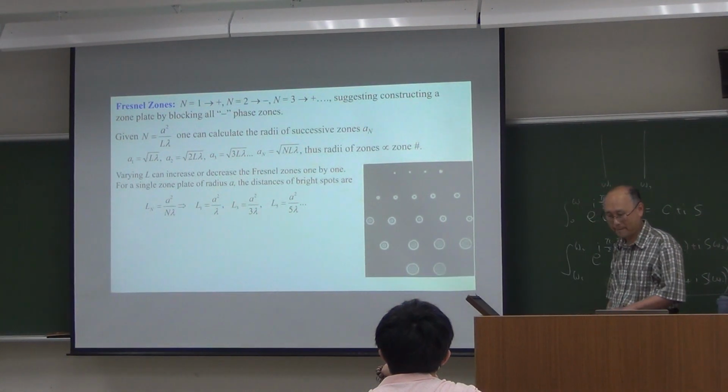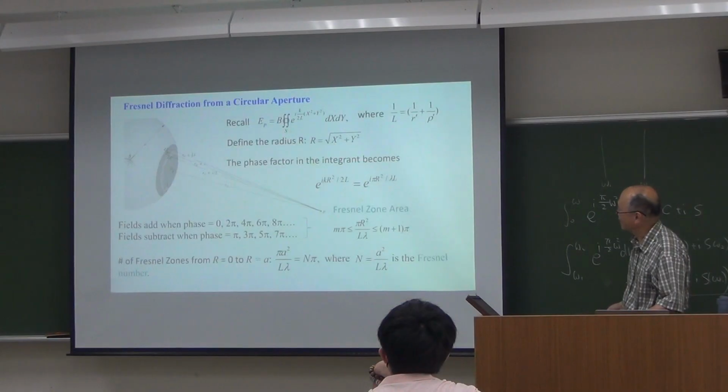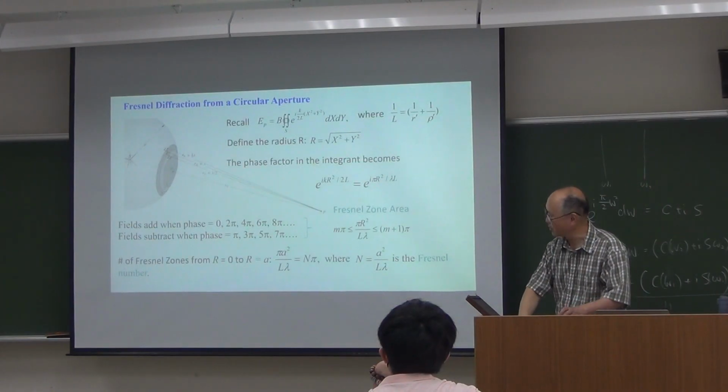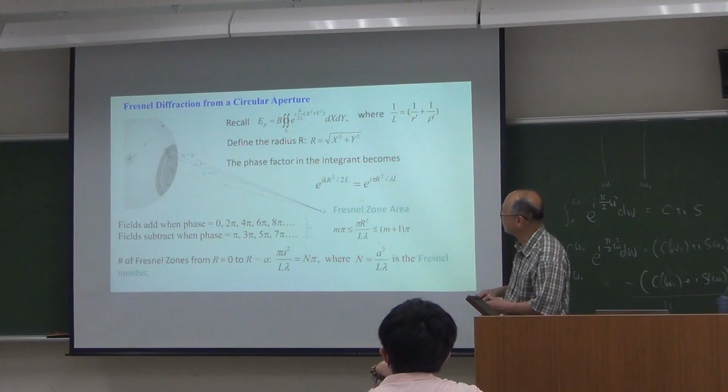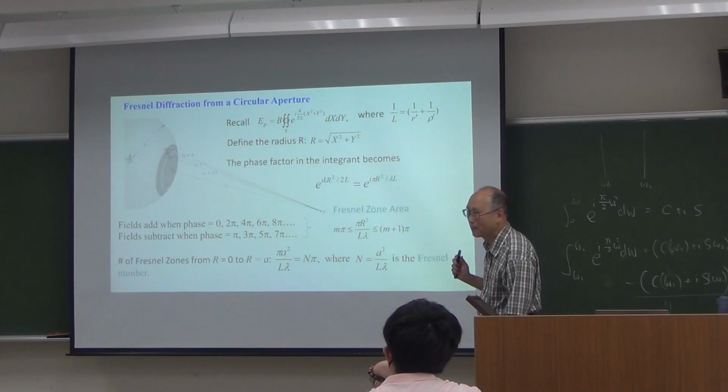So we haven't come to this point yet, but I just want to tell you that for the Fresnel zone, this is the zone where you have constructive interference together with this zone. Just skip this second zone, because the second zone is going to have destructive interference with the first zone.